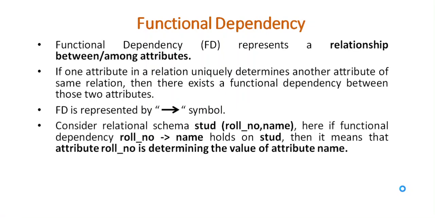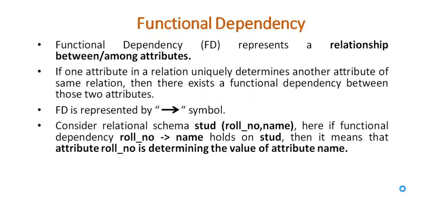Now consider one relational schema of a student table. It consists of two attributes, roll number and name. Here, if a functional dependency is written like roll number arrow name, it means there is a relationship between roll number and name attribute, which is a functional dependency.